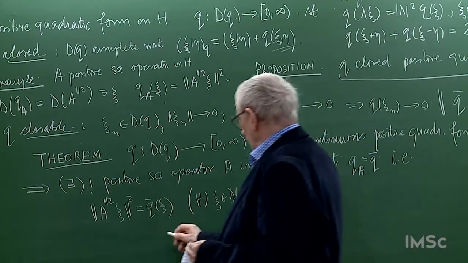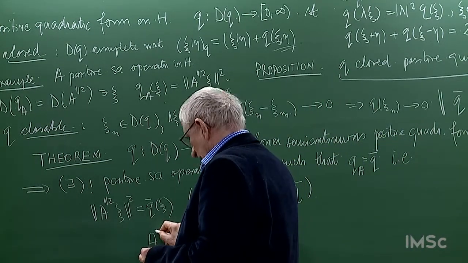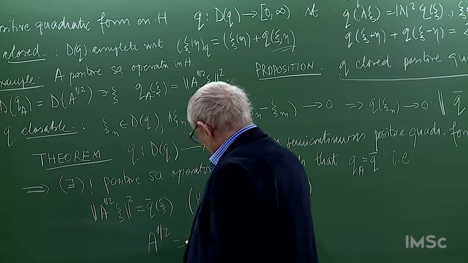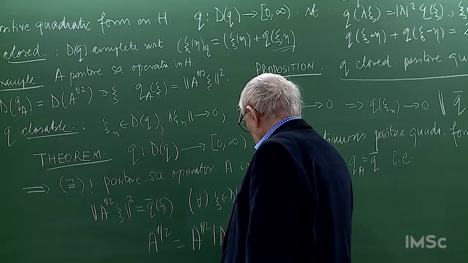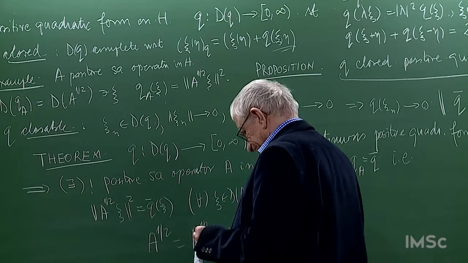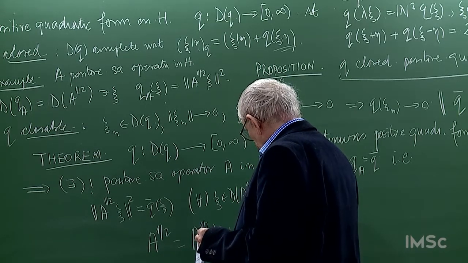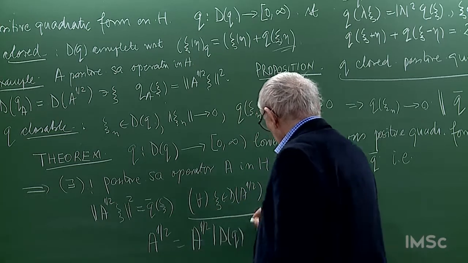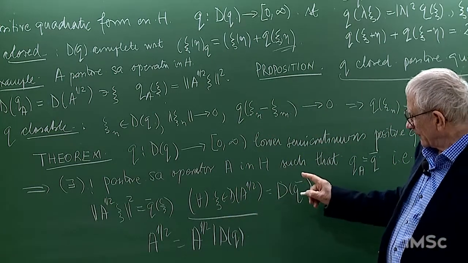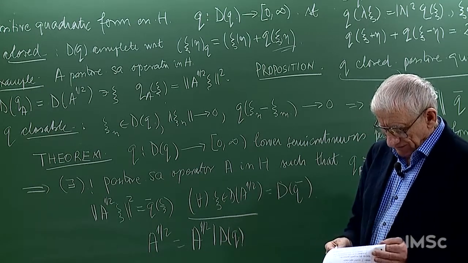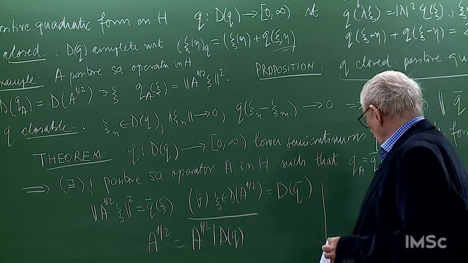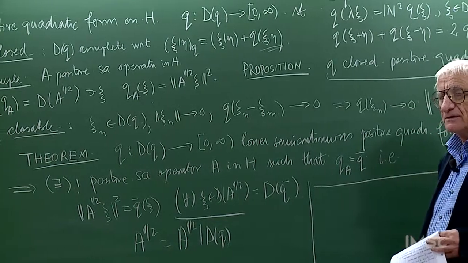And moreover, A to the power 1/2 is the closure of its restriction to the domain of Q. So the difference is here you have Q bar and here you have just Q. And this is the theorem that we will use.